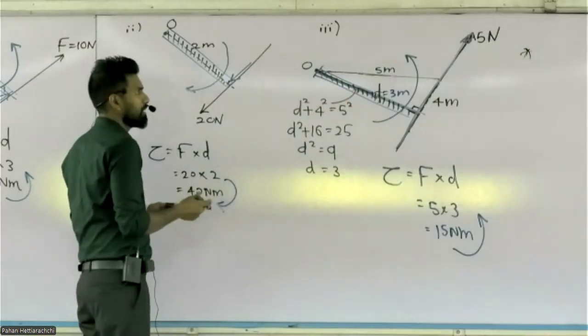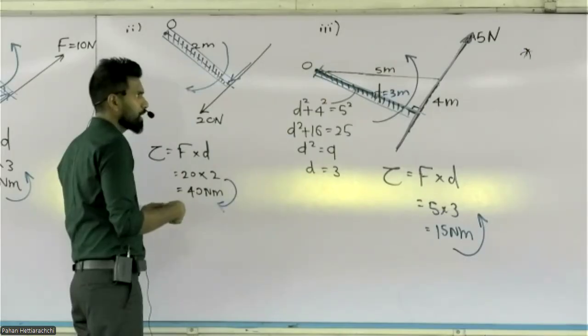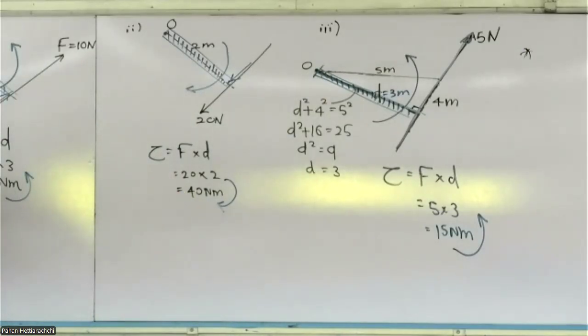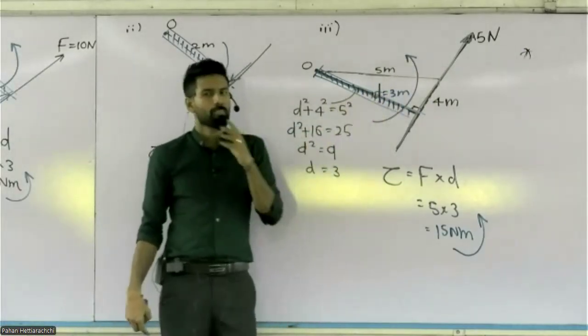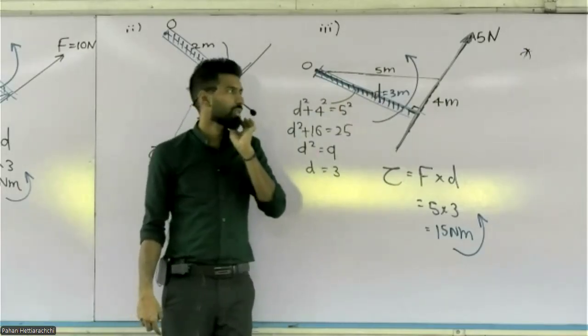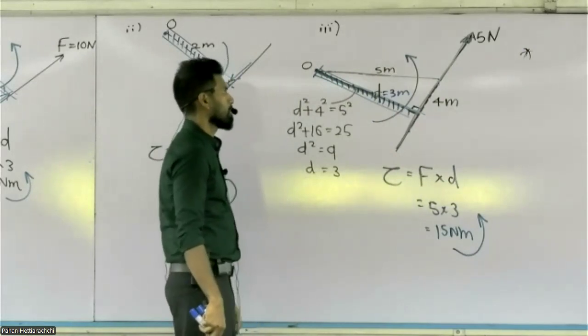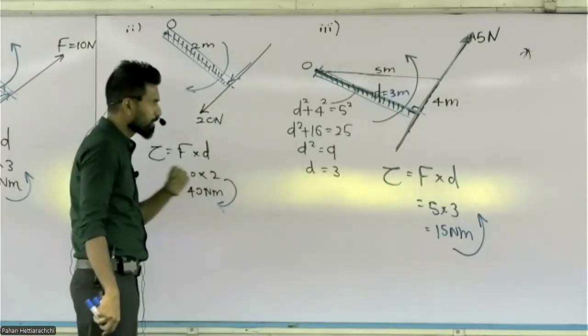If we can't find the perpendicular distance to the drawn force, continue its line of action.